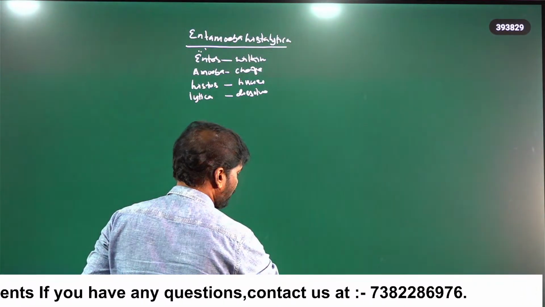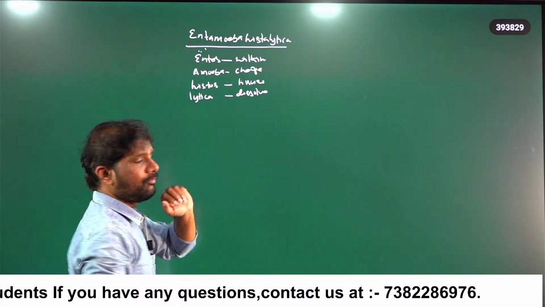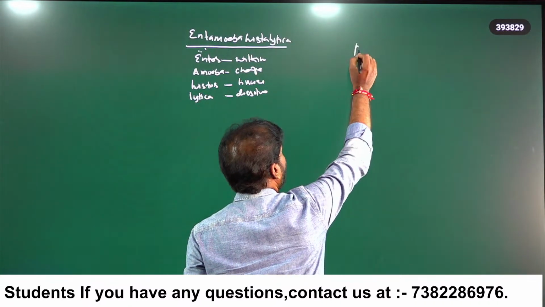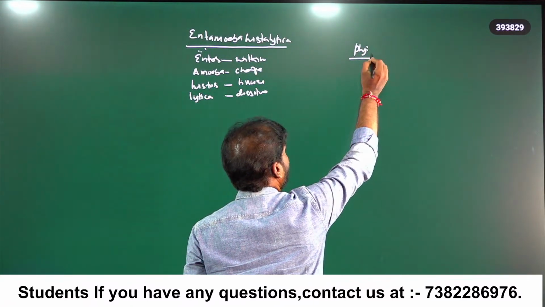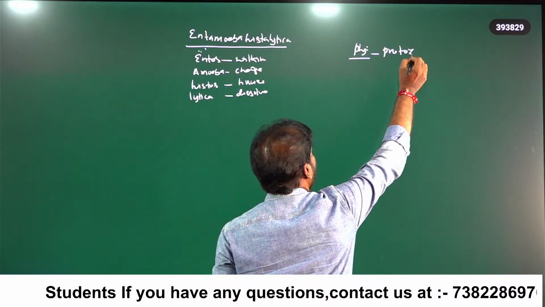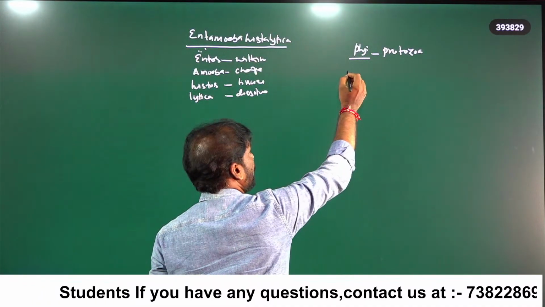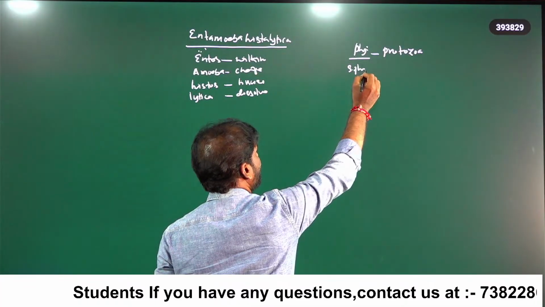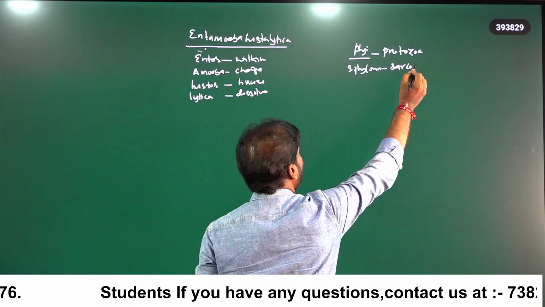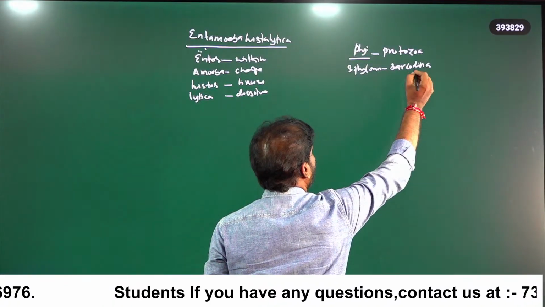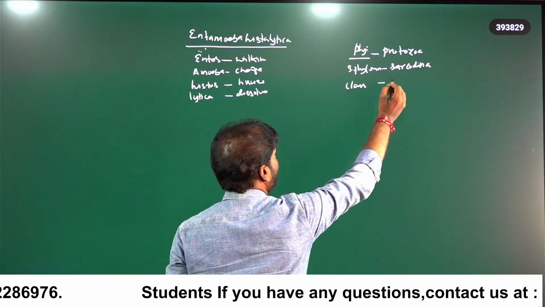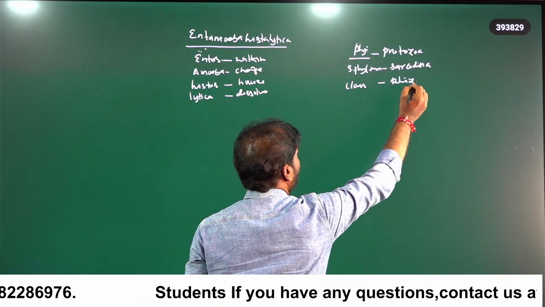Now, what is the phylum of Entamoeba histolytica? The phylum of Entamoeba is Protozoa, the subphylum is Sarcodina, and the class is Rhizopoda.